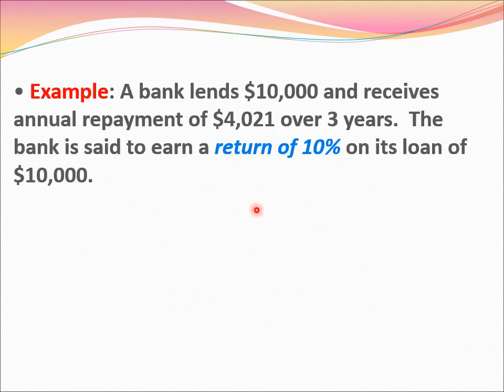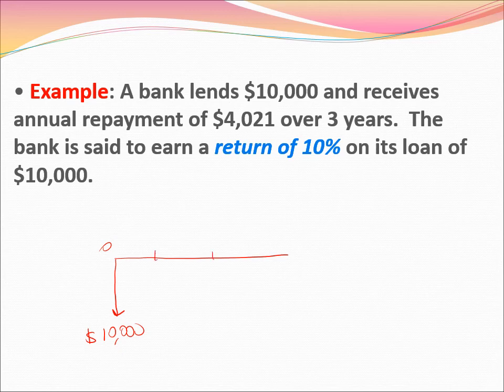Here is an example to understand the concept better. It says that a bank lends $10,000. Let me sketch the cash flow. The bank lends $10,000 at time 0, and receives annual repayments of this much over 3 years.